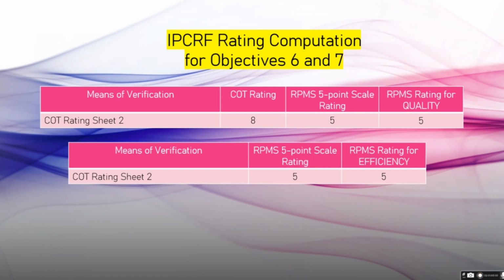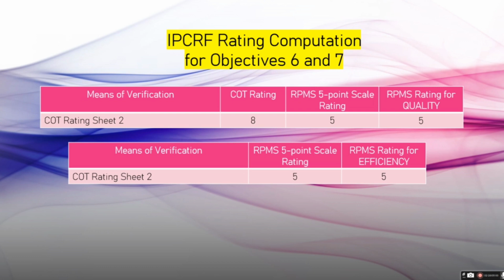Ganon din naman sa 6 and 7, ang pinakita natin ay ating COT rating sheet number 2, where we got 8 rating, which is equivalent to 5 RPMS rating for quality. And because we also provided evidences that we met the objective within the allotted time, we got 5 points from the RPMS 5-point scale rating, which is equivalent to 5 points RPMS rating for efficiency.